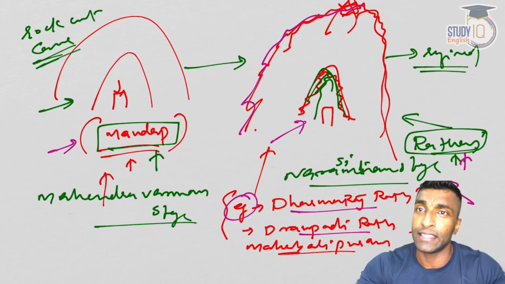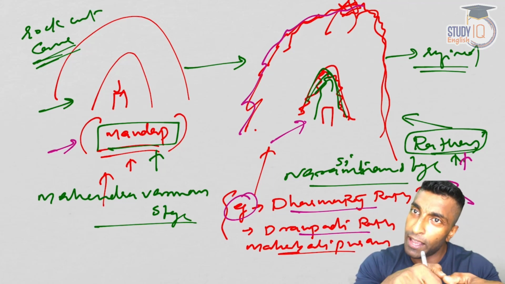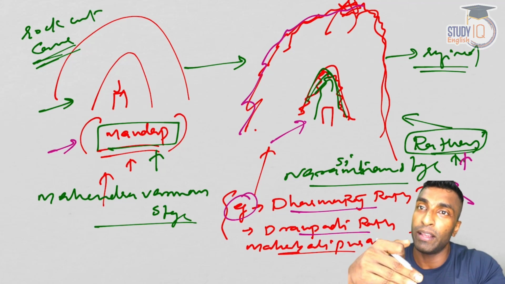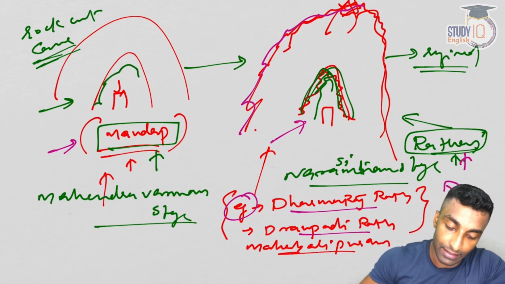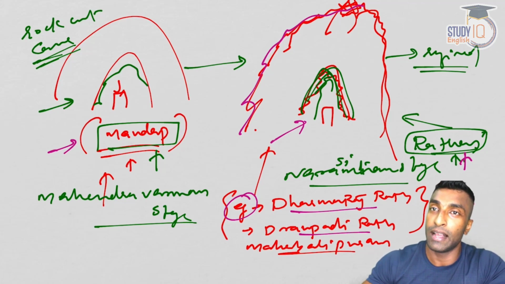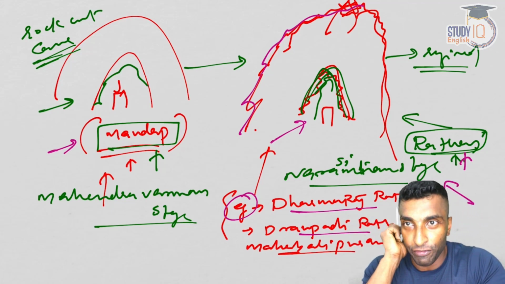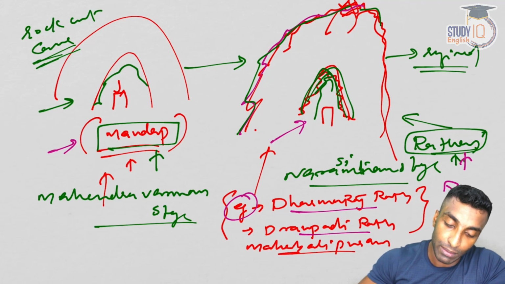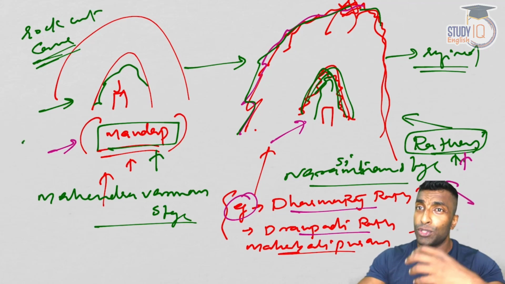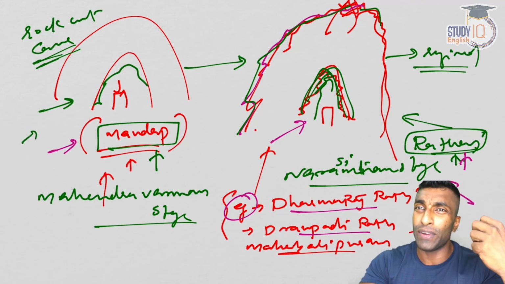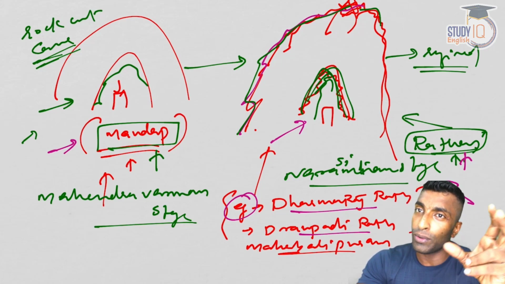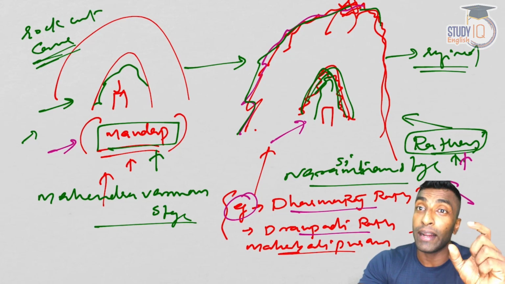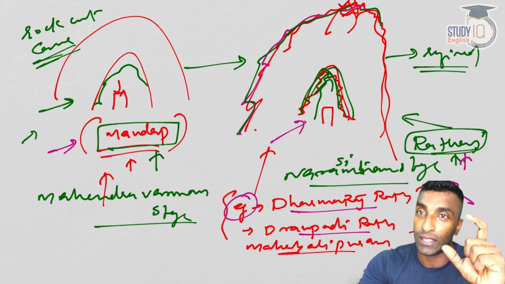And in the second stage, the very same cave will be decorated and modified. So in the interior, you will be doing some kind of decoration, and the exterior also will be refined. Some kind of structure will be given. If you look at the first one, it is perfectly a cave, carved out in a hill. The second is also in the same area, but it got a look and feel of a temple.